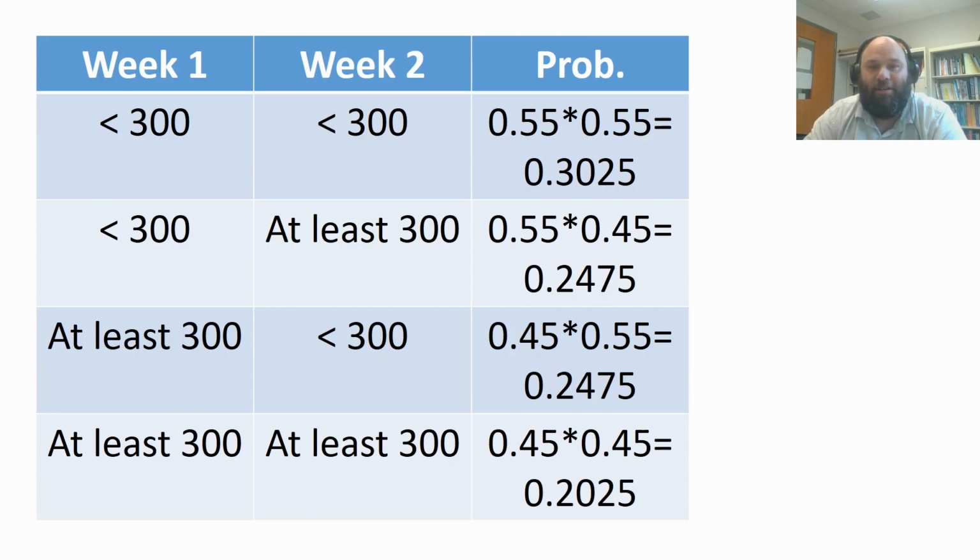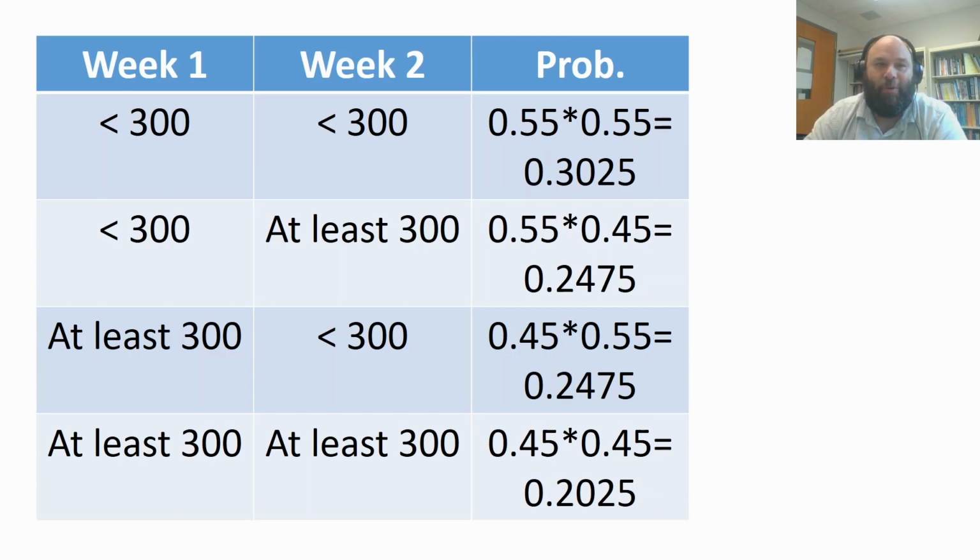What that assumption allows us to do is multiply the 2 probabilities to get the probability that both events happen. So if the probability in any given week that we have less than 300 customers is 0.55, then the probability that we have less than 300 customers in both week 1 and week 2 is 0.55 times 0.55, giving us 0.3025, or 30.25%.